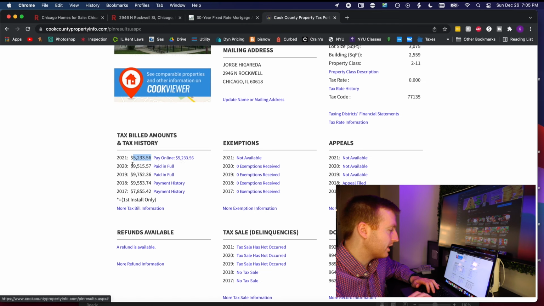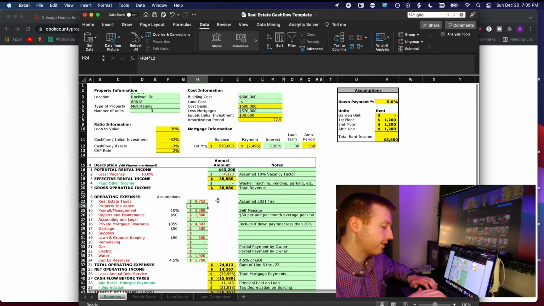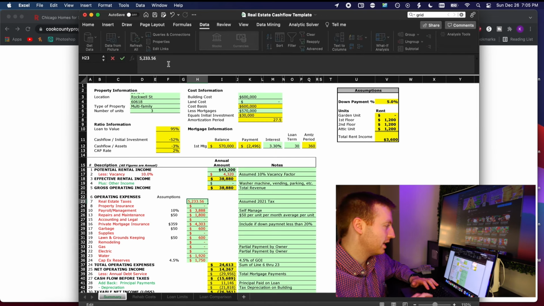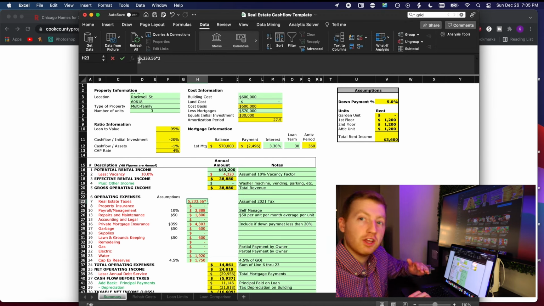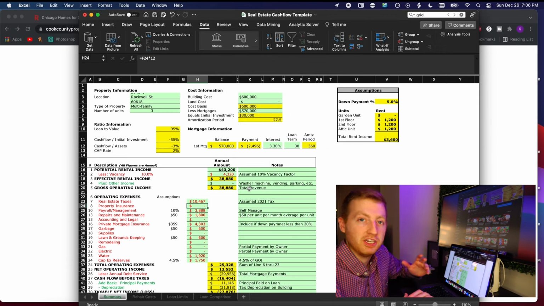So if I'm going to play this safe, I'm just going to say that property taxes for 2021 are going to be the 5,200 times 2 to play it safe. Usually it's 55% is the first one. But like I said, it kind of goes back to just playing it safe with these estimates and models. You'd rather overestimate some of the costs, so at the end of the day, if they're less, it's just more money in your pocket.